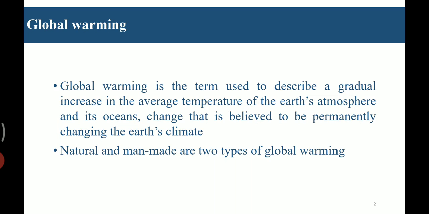You see that natural and man-made are two types of global warming. Let us see an example. Projected increase in temperature, changes in precipitation patterns, changes in extreme weather events, and a reduction in water availability may all result in reduced agricultural productivity.